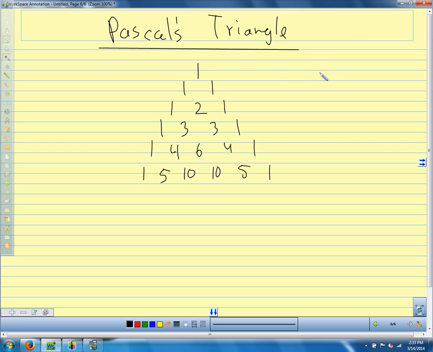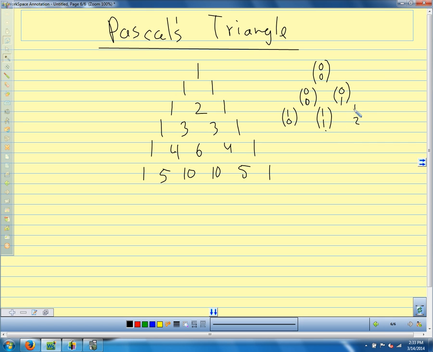So I could rewrite this as 0 choose 0. The next row is 1 choose 0, and 1 choose 1.